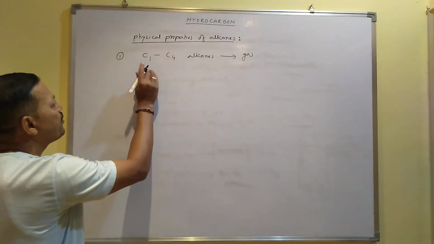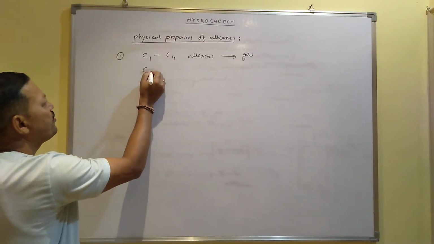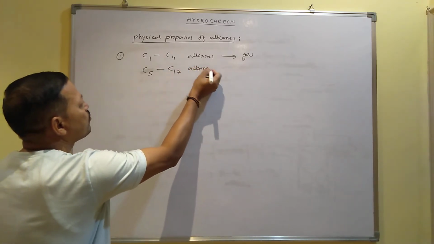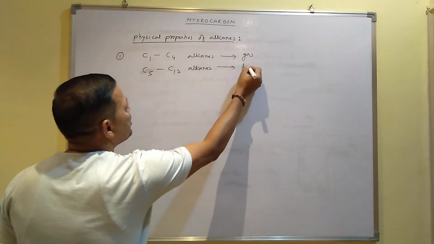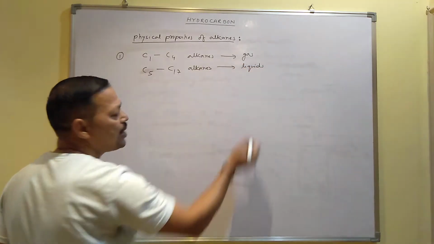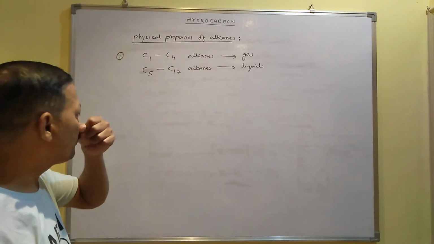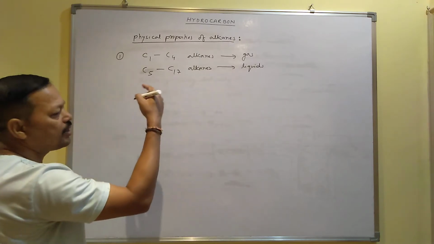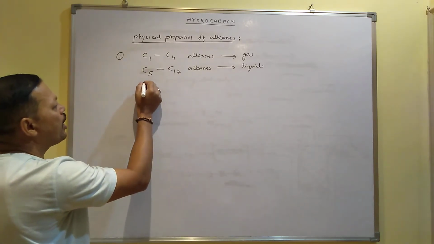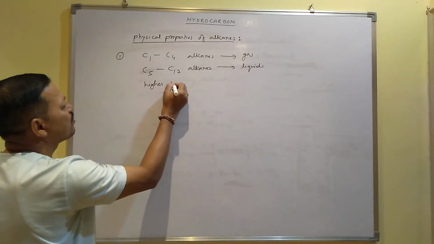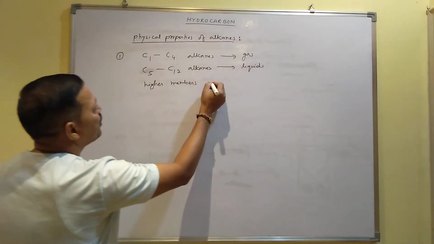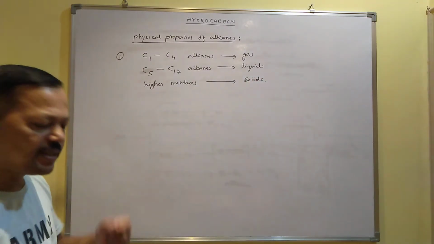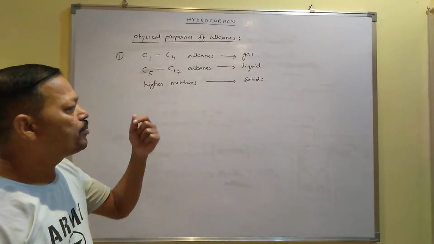And C5 to C17 alkanes exist as liquids. Pentane, hexane, heptane, octane, that type of alkanes exist as liquid. And higher member alkanes, 17 carbon onwards, exist as solids. So alkane may exist as gas, liquid or solid.